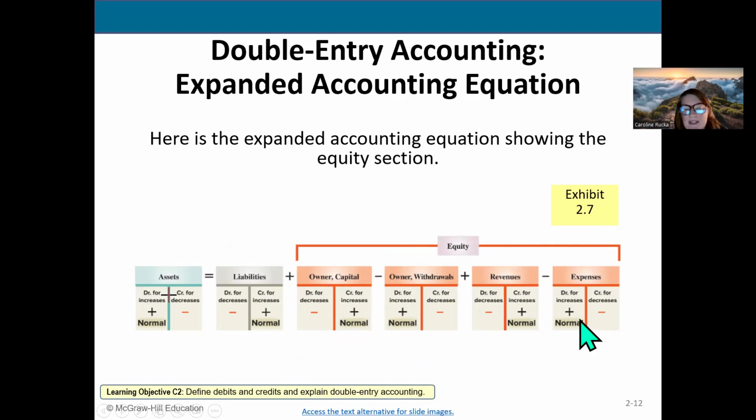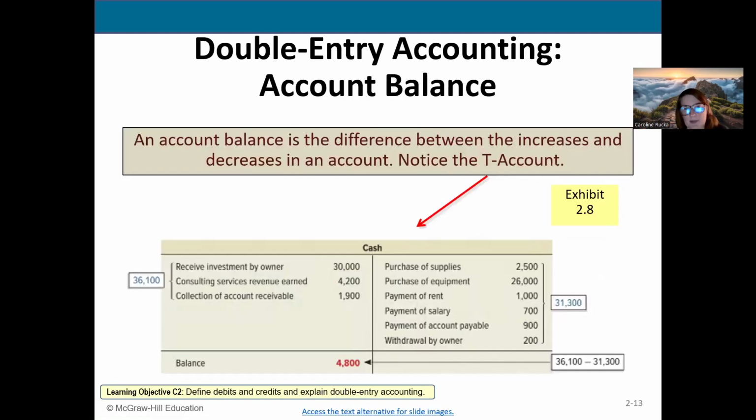Same with expenses, because it reduces overall equity. It increases on the left and decreases on the right. Those are the two standout differences. You just have to remember those two. This slide sums it up for you. Really good slide for study purposes, okay?